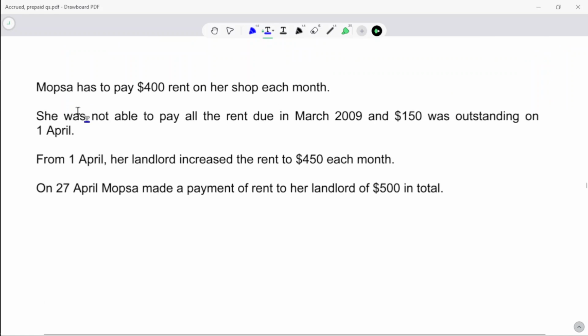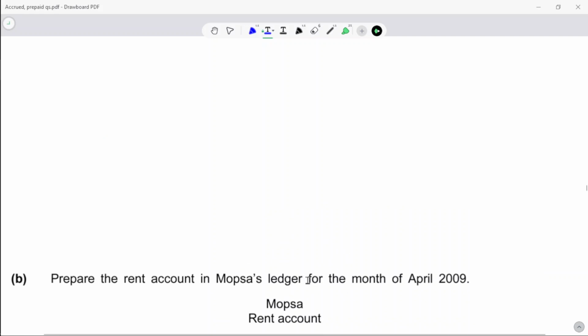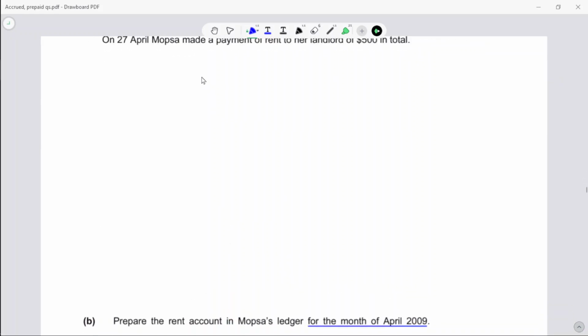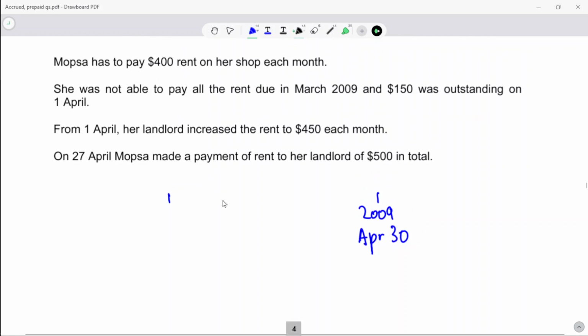Okay. First thing first, year end. For the month of this day, it suggests year end will be 2009, April 30, end of the month. Then let's go.